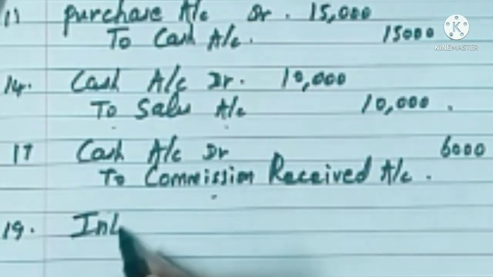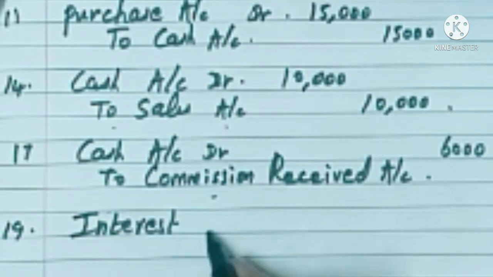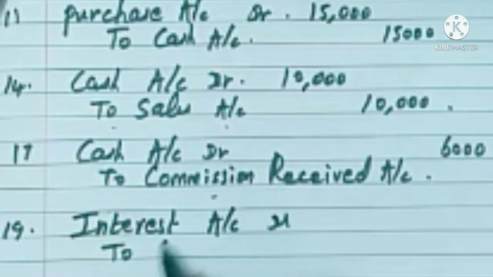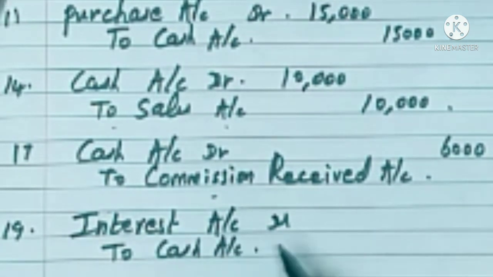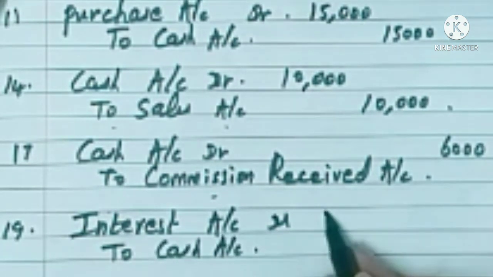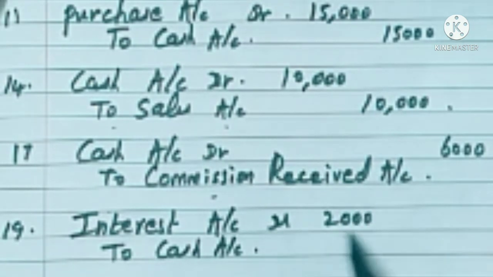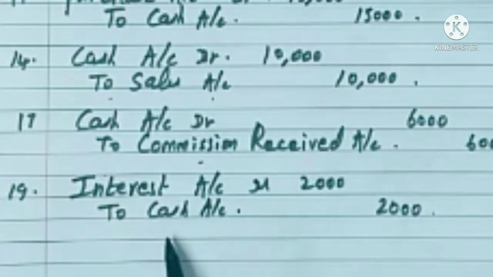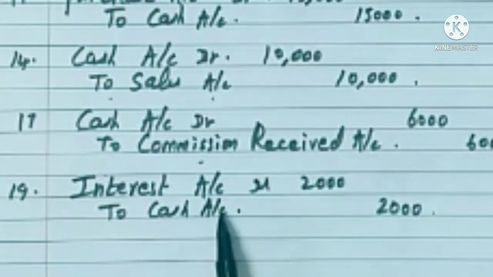So, we are going to debit interest account, debtor to cash account. Amount is rupees 2000, so on the debit 2000 rupees and on the credit side 2000 rupees. Now in this entry cash account is credited.